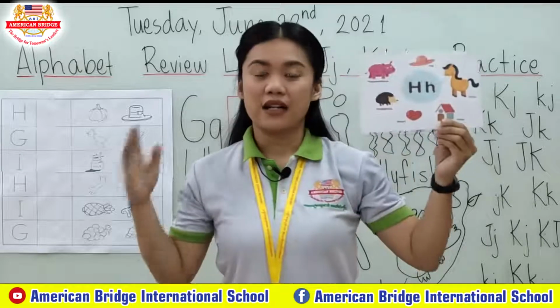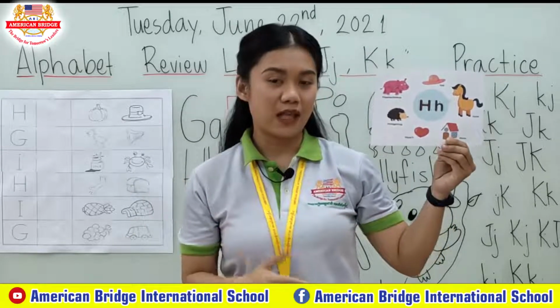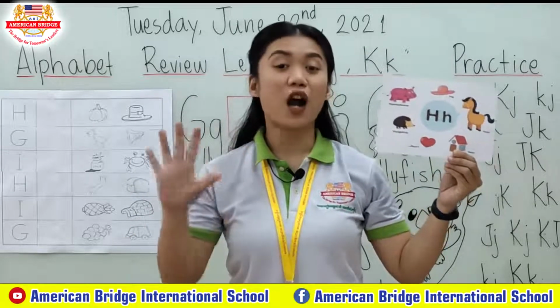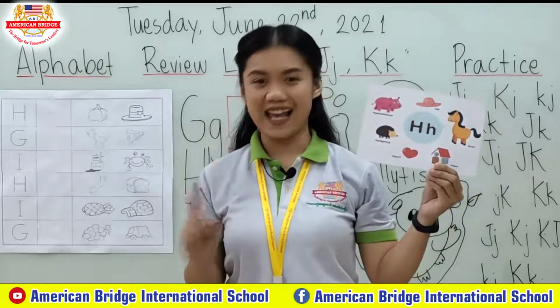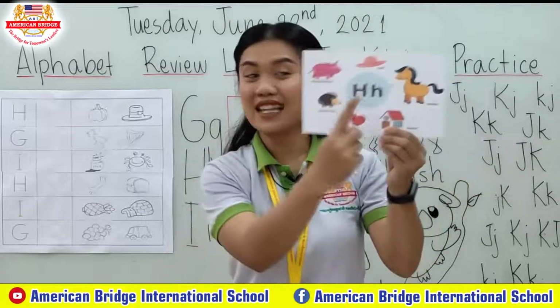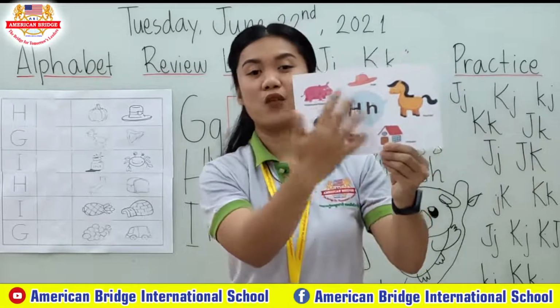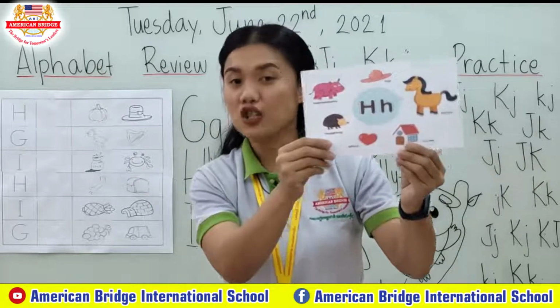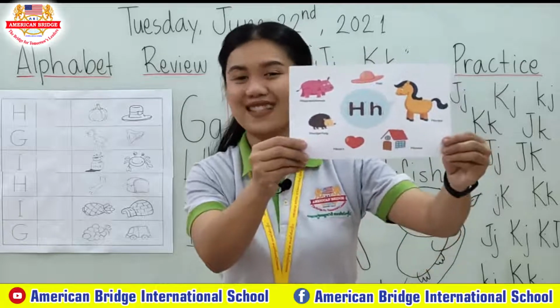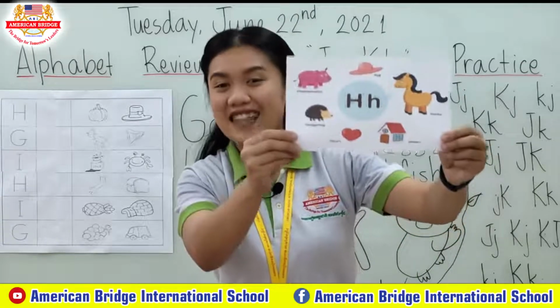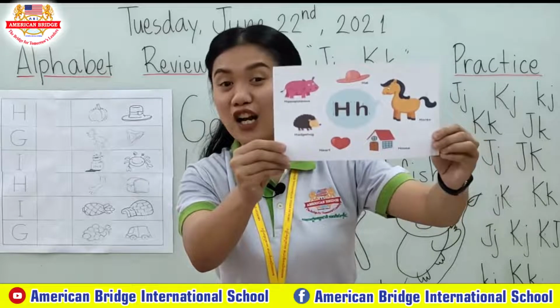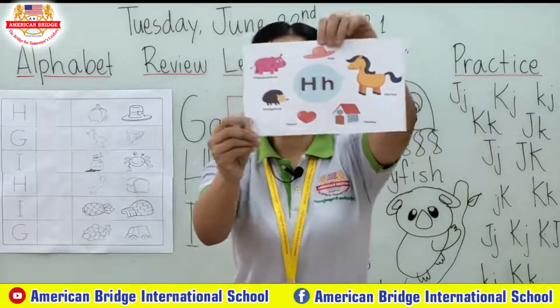Now, also the same as our letter G, there are more things and animals that begin with letter H. So, listen and watch carefully. Teacher will introduce more things and animals that begin with letter H.